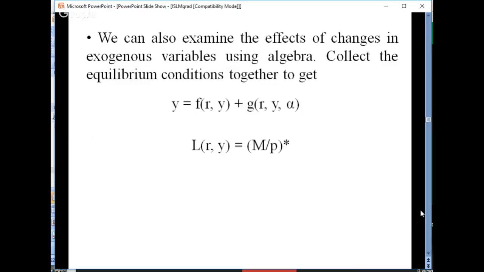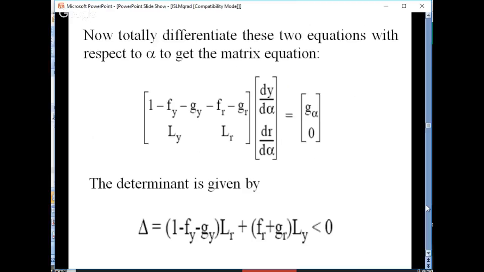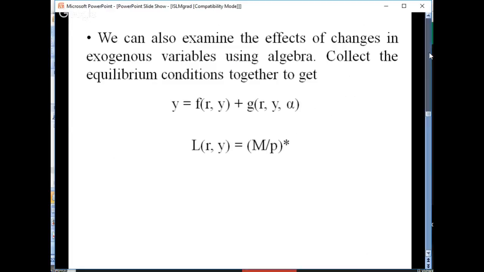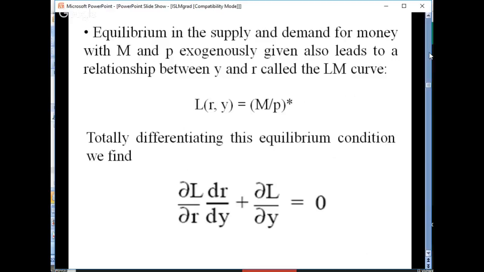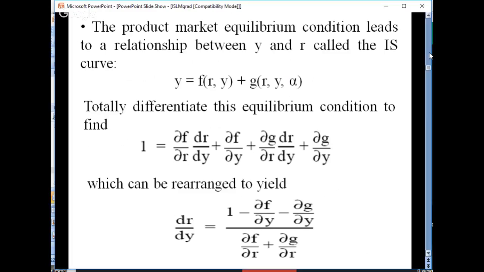So I take this and I set up a matrix. I totally differentiate it like we did before, first for money demand and for our IS curve.